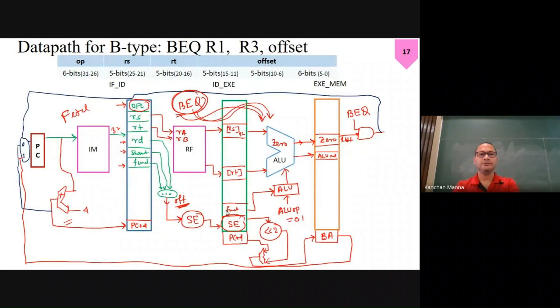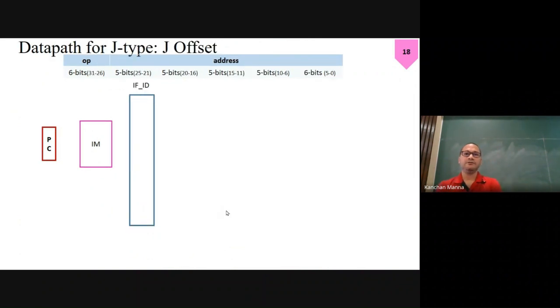Okay, so then we saw the B type instruction. And now today we will see the data path for the J type instruction. If you remember J type, it has the opcode and then 26 bits, which would be the address. So what do we have to do? First, we have to fetch the instruction.